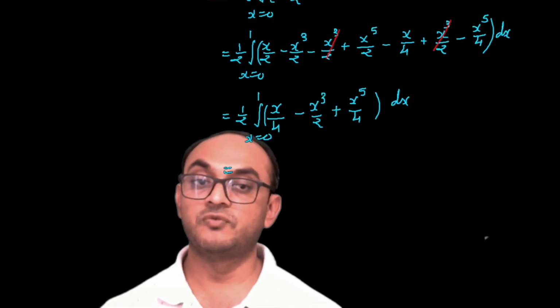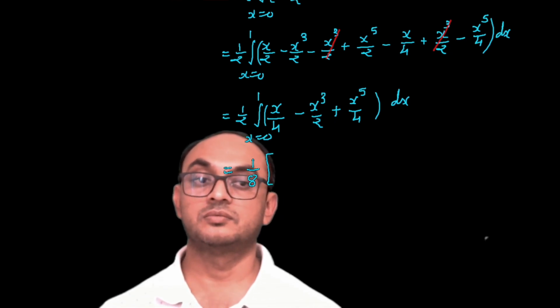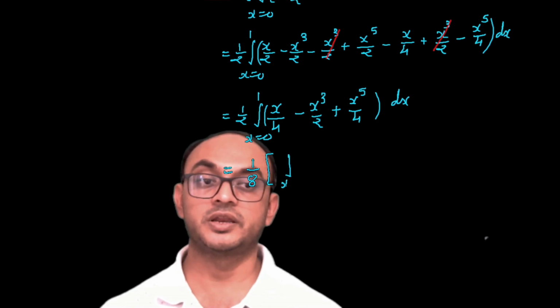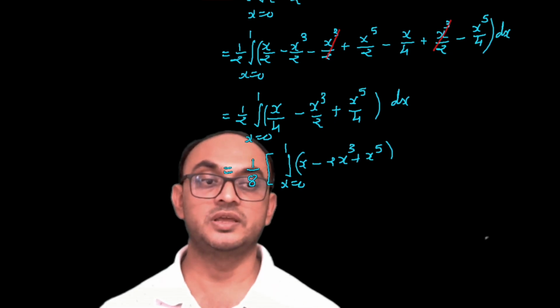Now if you take 4 LCM, then this is 1 upon 8, then integration x equal to 0 to 1. This is x, this will become minus 2x cube, and this will be x raised to 5 dx.